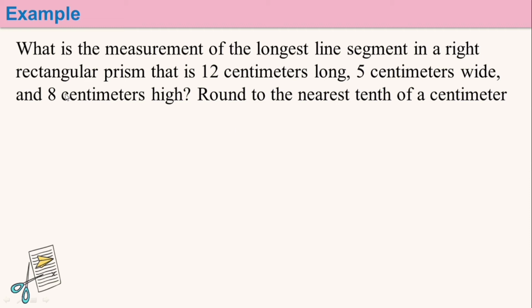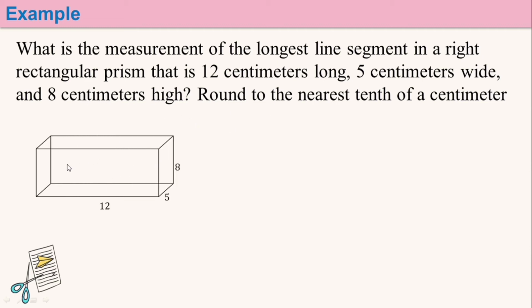So this is a three-dimensional rectangle, so now let's draw our box. Let's label these sides. 12 centimeters long, this is the length, 5 centimeters wide, this is the width, and then 8 centimeters high.